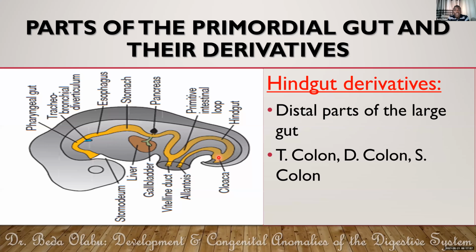So this cloaca will have to undergo partitioning to split the urogenital system from the digestive system, so that those last two parts that I've mentioned, the rectum and anal tube, in as much as they are derivatives of the hindgut, they will come into view after the cloaca has been partitioned. The cloaca gives you the rectal segment and the anal segments of the hindgut.